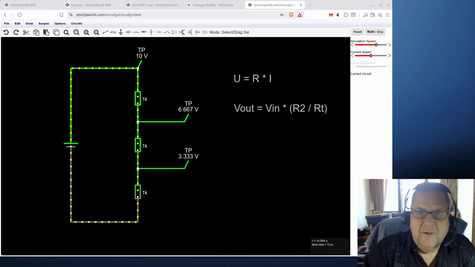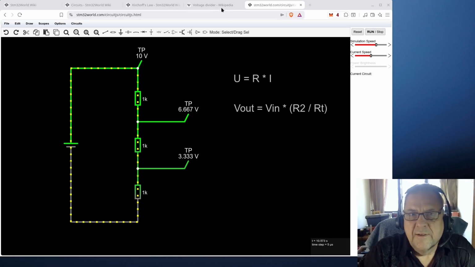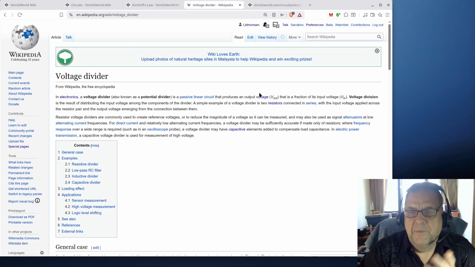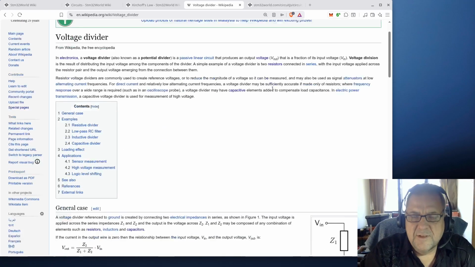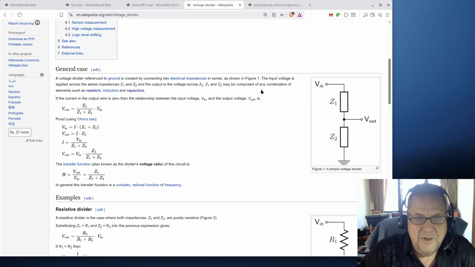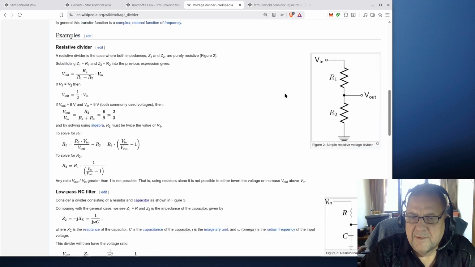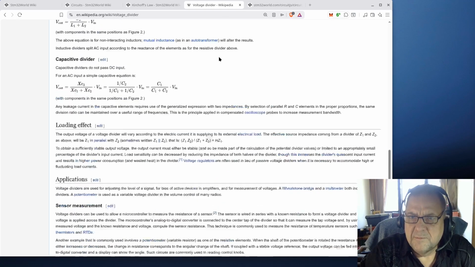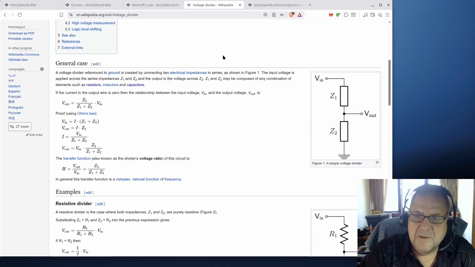So how do you calculate these voltages in a generic way? Well, if you look at a voltage divider on Wikipedia, they always have an article about these topics, and they are usually quite extreme. But basically, I think they only show two, but you can, of course, divide multiple times.